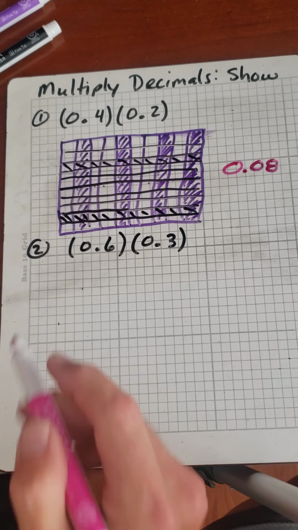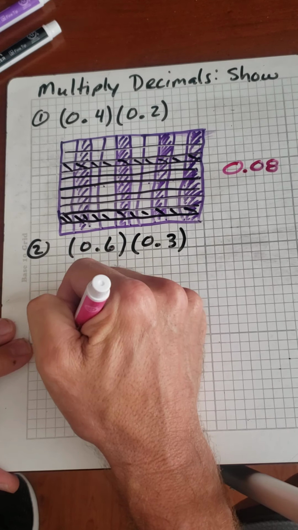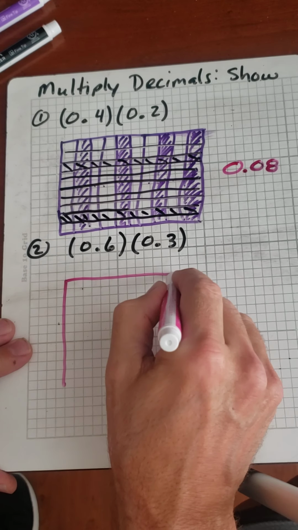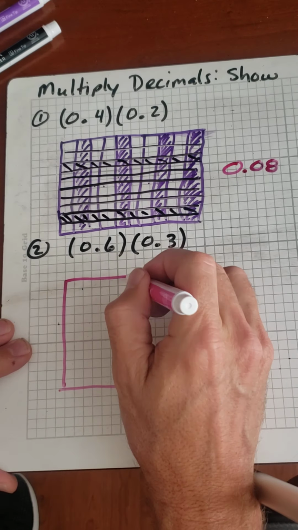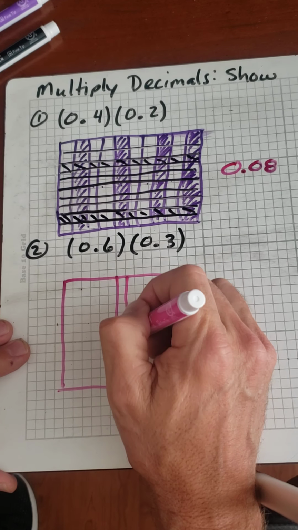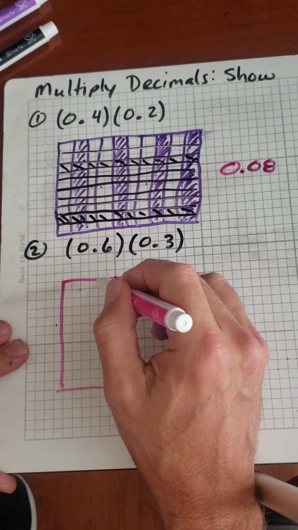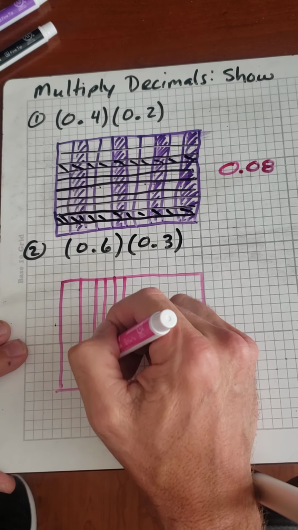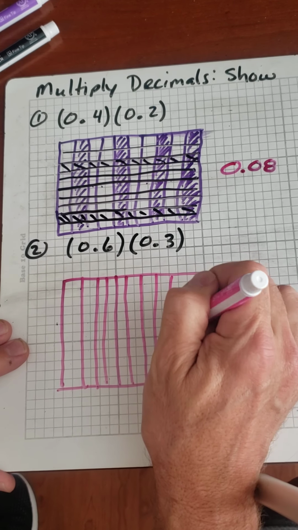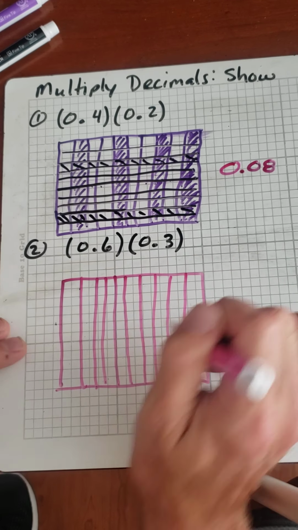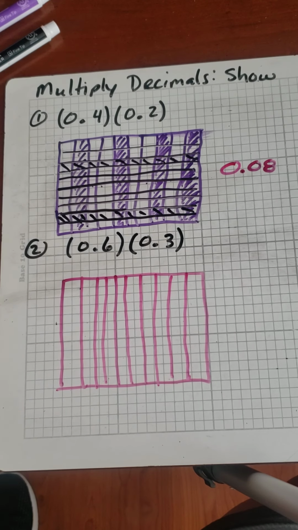So I'm going to go ahead and set this one up just like I did before. All right, so there we go. And I'm going to go ahead and shade in what I have.